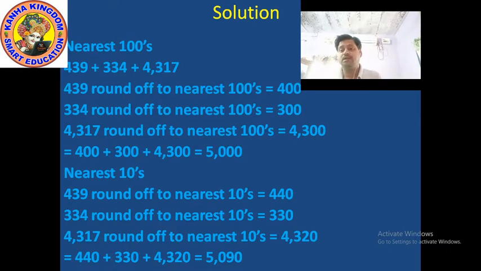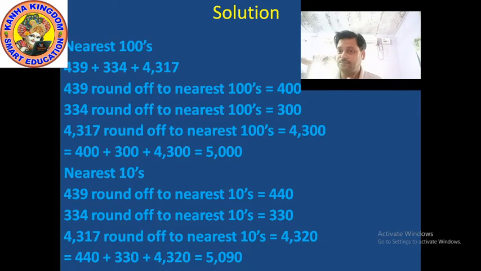But if the ones place value is 5 or more than 5, you also convert the ones place value into 0, and you add one to the tens place. Whatever the digit in the tens place, you add one more, and after that nothing changes in the 100 place.